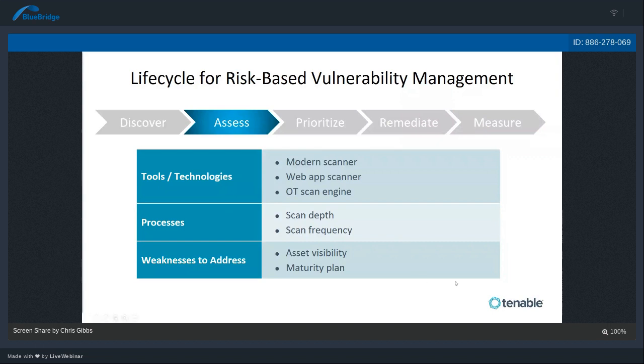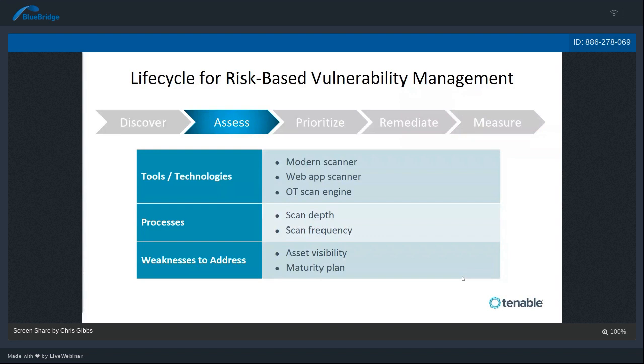And this is going to help us address a couple of key things. Firstly, the asset visibility. Like I said, by doing credential scanning, you're going to get as much information as possible from those devices. And by having in-depth scanning, by having regular scanning as well, the scan frequency, that's going to help build up our vulnerability management maturity.